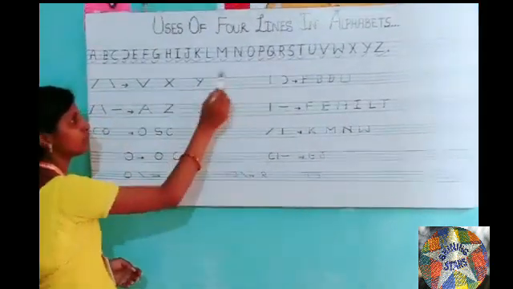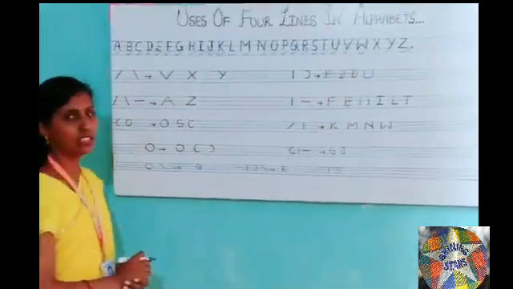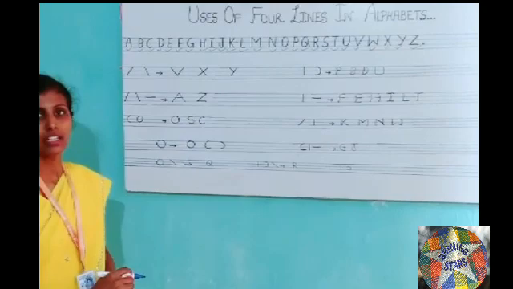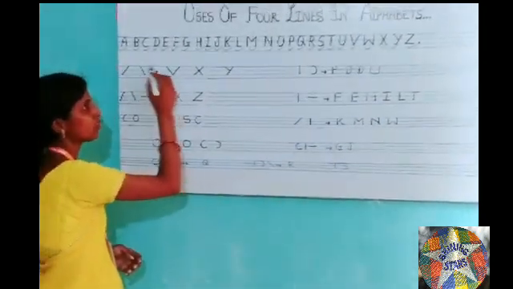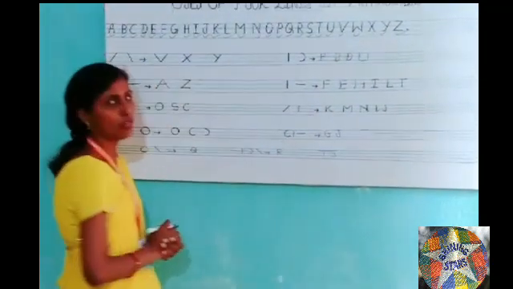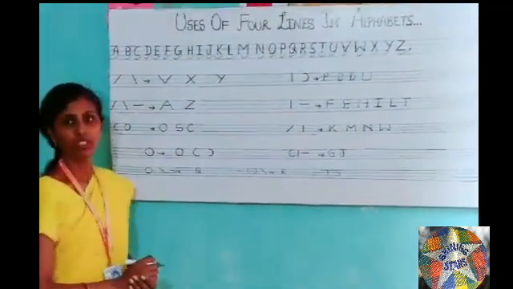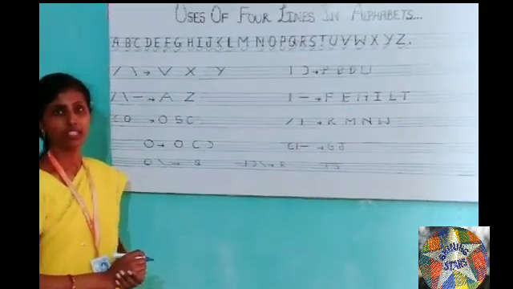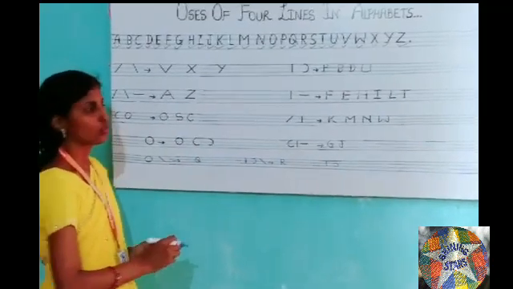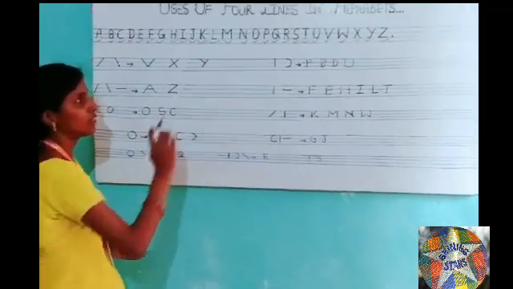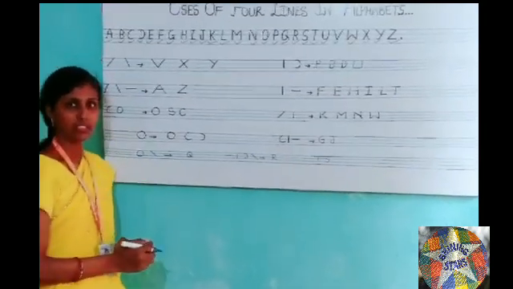We have learned to draw them using the slant line, standing line, circle and semicircle. Like this we will make A to Z. Tomorrow we will learn to write serially from A to Z. Today we have learned using lines to make alphabets in 4 lines. Okay, do you understand? Yes.